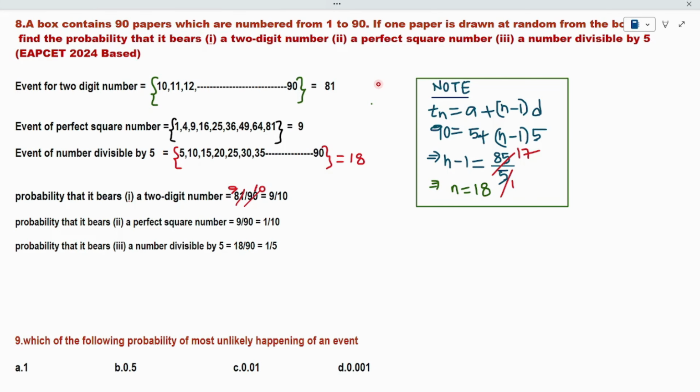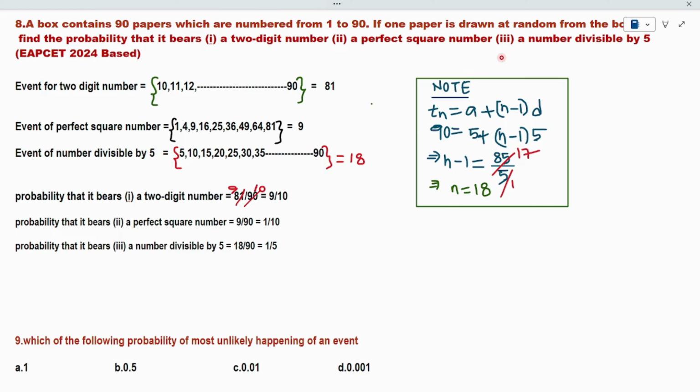From 1 to 90, I need to find the perfect square numbers. For example, 1 is a perfect square, 4 also, 9 also, 16 also. In this manner, I got a total of 9 perfect square numbers between 1 and 90. So how many such numbers do I have? 9. So the event of a perfect square number is equal to 9.